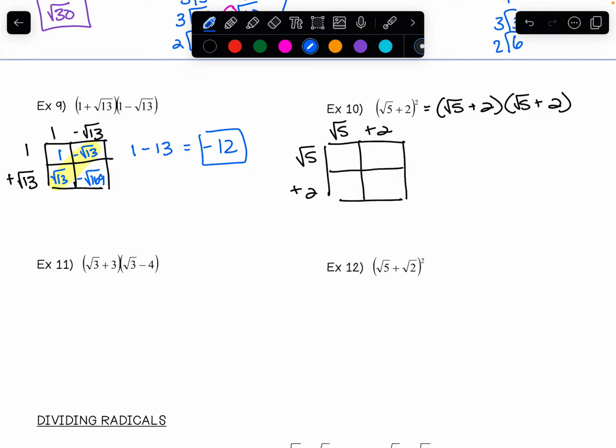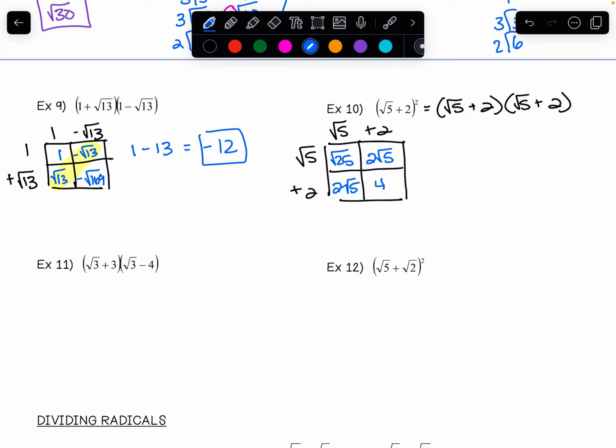So let's multiply these together. The square root of 5 times the square root of 5 will be the square root of 25. The square root of 5 times 2 will be 2 square roots of 5. 2 times the square root of 5 is 2 square roots of 5. 2 times 2 is 4.